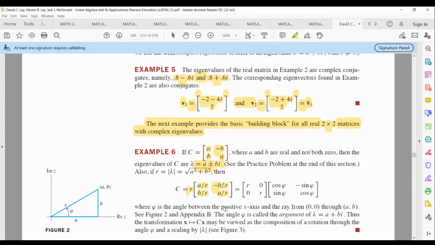Write the radius R times that matrix there, where you have A over R, negative B over R, B over R, and A over R. Now, that's true, because you're dividing through the entries in the matrix by R, but then you're multiplying by R, so that's true. And then what you can do is you can decompose that this way.